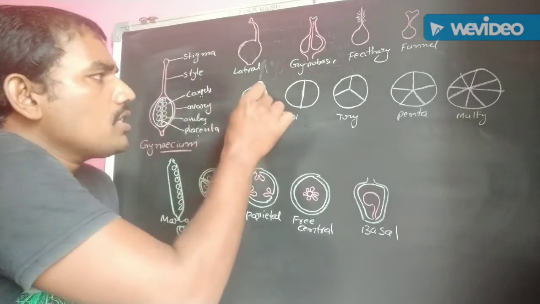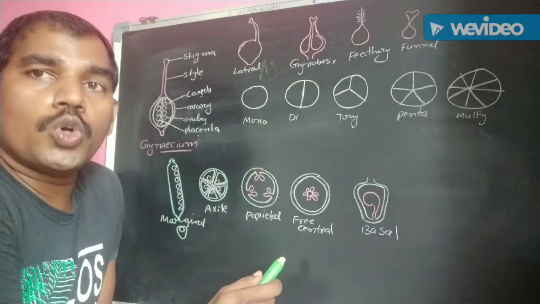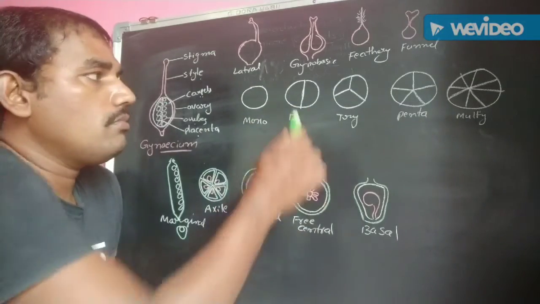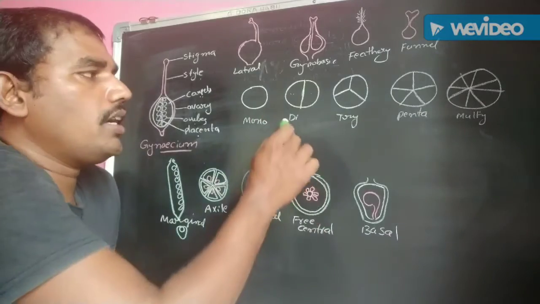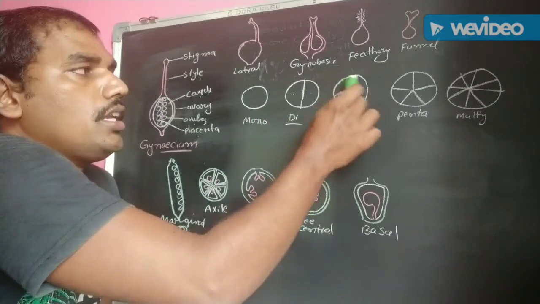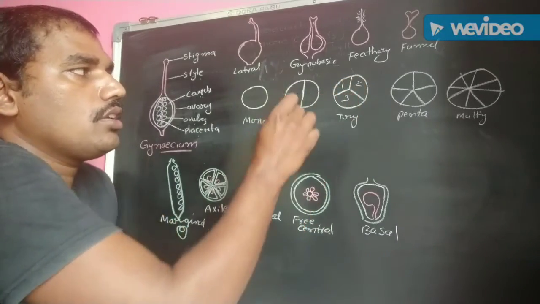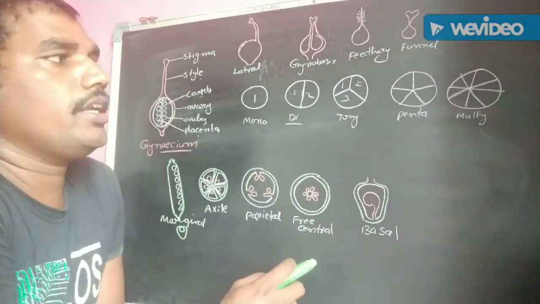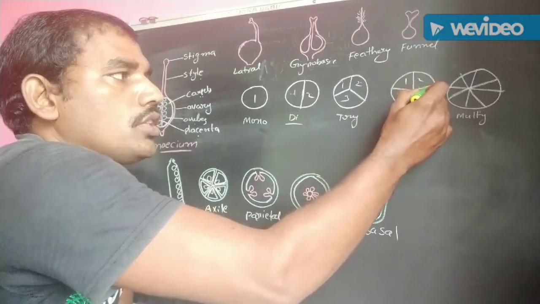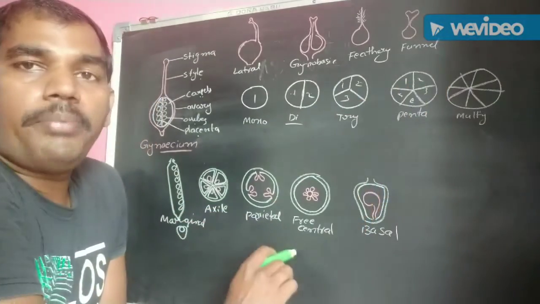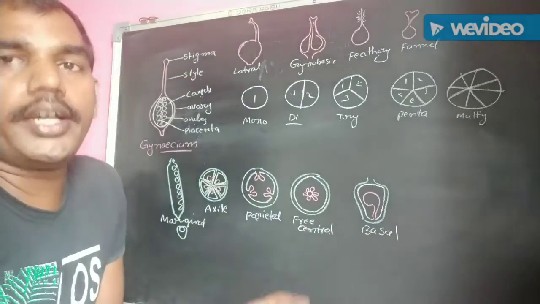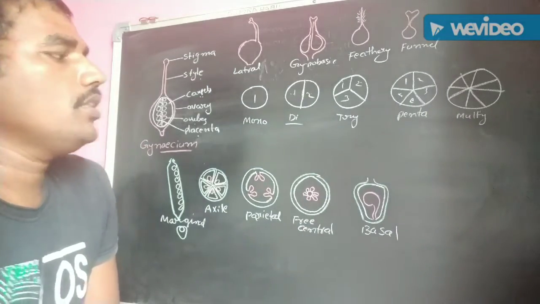If the gynoecium consists of a single carpel, it is called monocarpellary. Two carpels, it is called dicarpellary. Three carpels, it is called tricarpellary. Five carpels, pentacarpellary. More than 5, it is called multicarpellary. Understand? Next one.